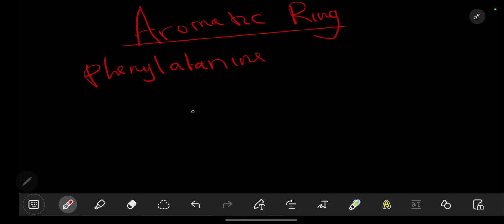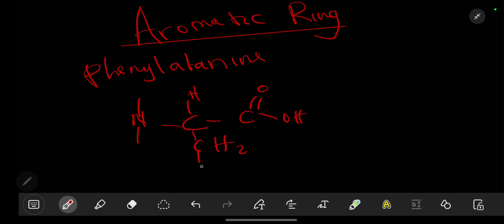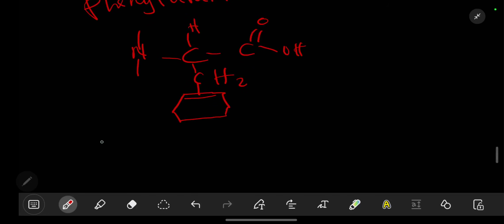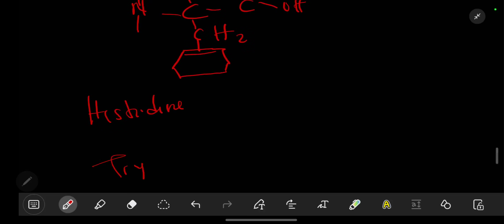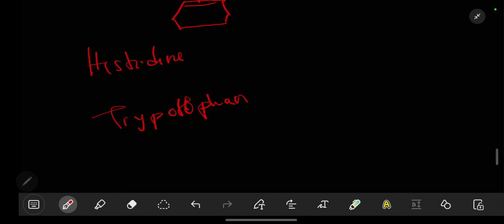It looks something like this: C, H, N, H, so H H there. Then we are going to have our CH2, then this ring. This ring is the characteristic property of those that have aromatic rings. We might have phenylalanine, histidine, tryptophan, and a lot of these.